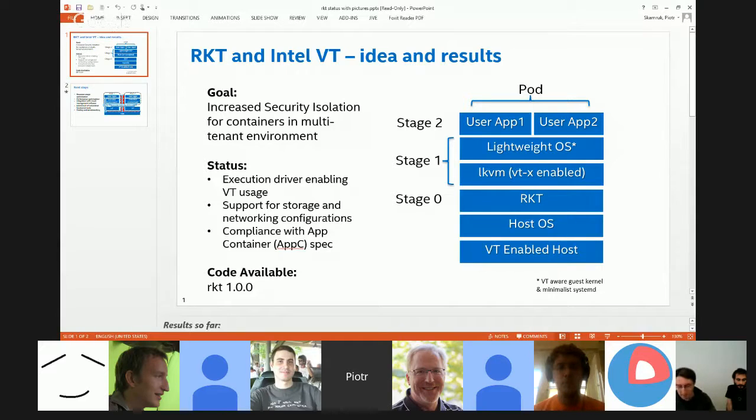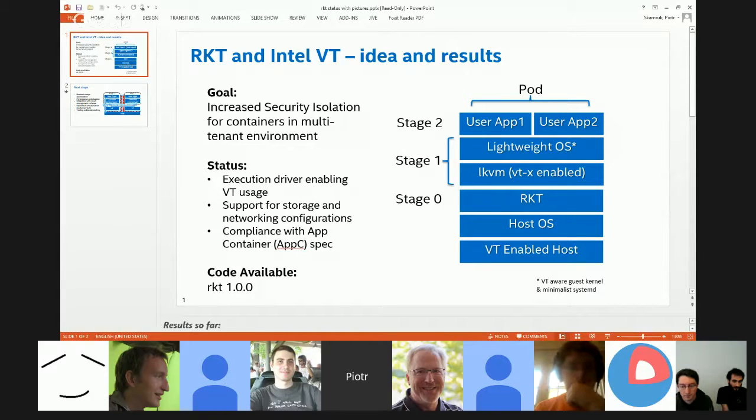To achieve that, we chose LKVM, aka KVM tool, as the execution engine, under which we are using exactly the same as the CoreOS flavor.